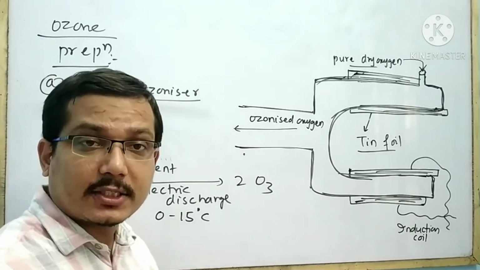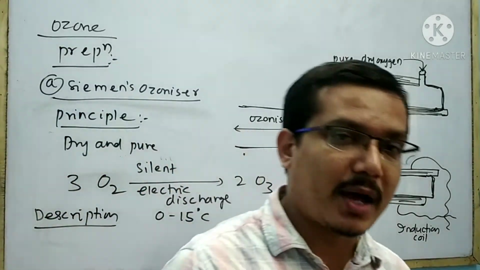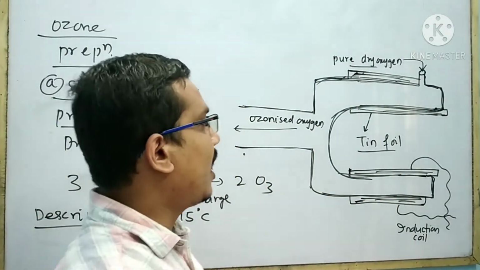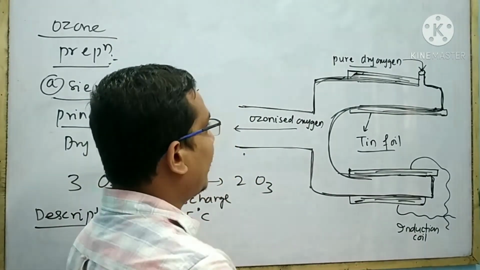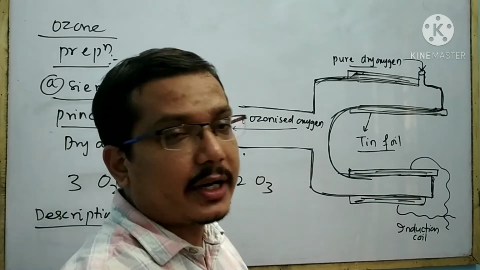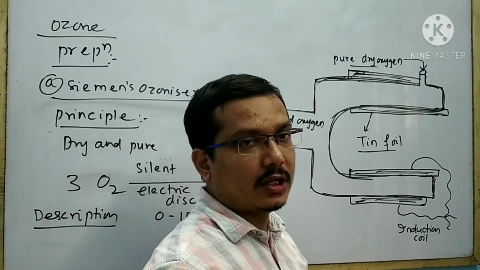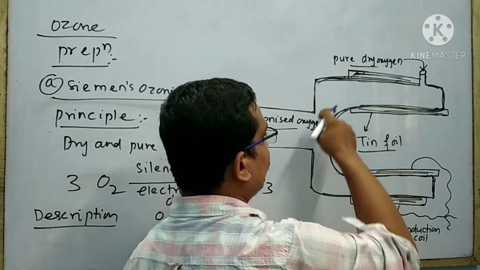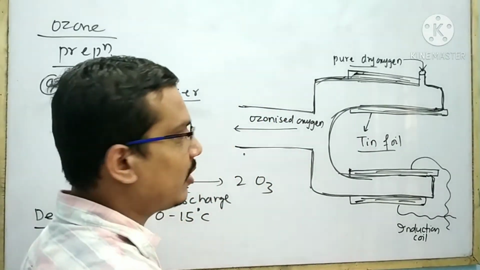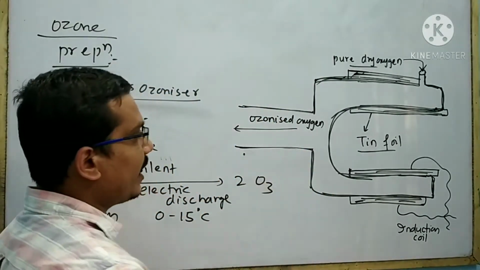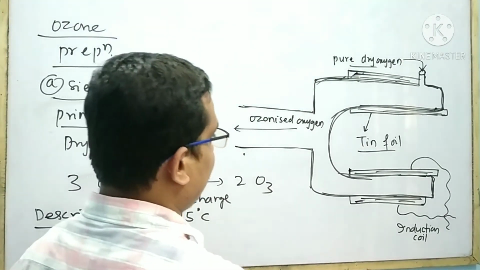The high voltage current should be sparkless for better preparation of ozone. When a current of pure dry oxygen is passed through the annular space of the ozonizer, then ozonized oxygen is formed.